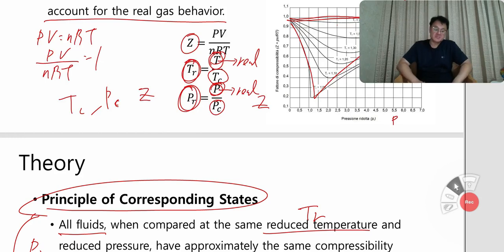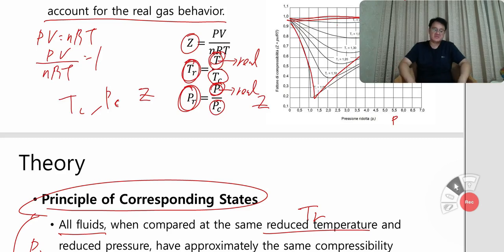But when you consider the compressibility factors at a given Tr and Pr value for two different substances, the same Tr and Pr does not mean the same temperature and pressure, because they have different critical temperatures and critical pressures, Tc and Pc.